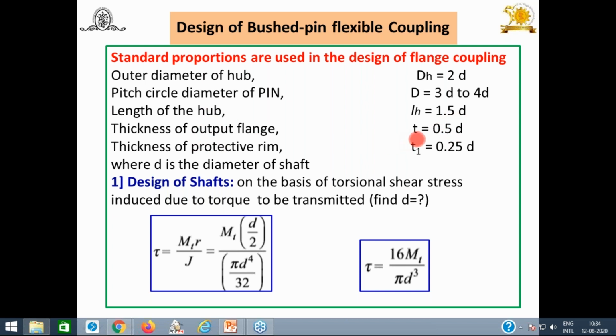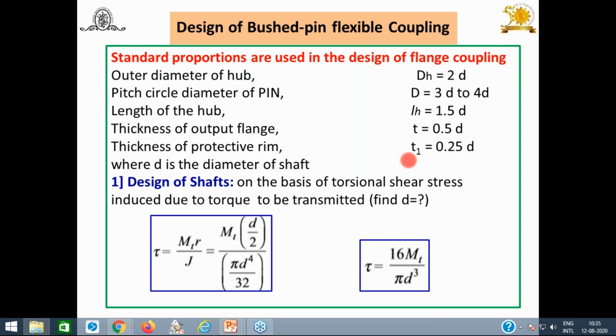Then the thickness of the output flange is 0.5 times the diameter. Thickness of the protective rim is 0.25 times the diameter, where D is the diameter of the shaft. That means once you know the diameter of the shaft, you can easily find these dimensions related to the bush pin type flexible coupling. Before that, yesterday we solved one problem related to the rigid coupling.